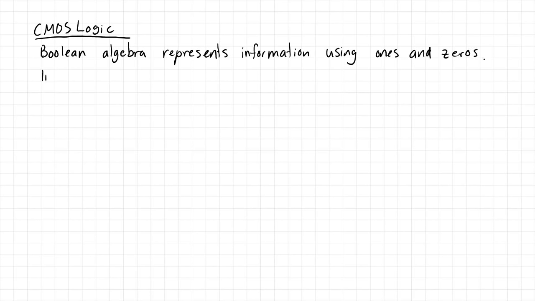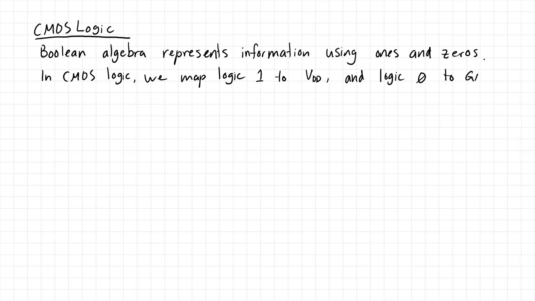In CMOS logic, we map logic 1, I'll draw it as a proper 1 here, to the highest supply voltage we have in our system. We typically call this VDD. And logic 0, maybe I'll put a bar there through here to make sure that's not logic O, logic 0 to the lowest potential we have available in our system, typically ground or GND.